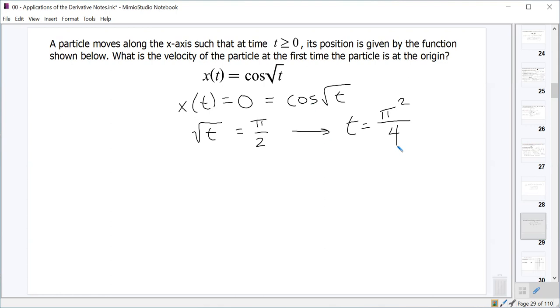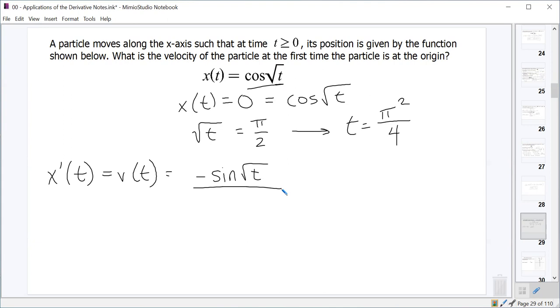Then we'll need to evaluate our velocity function, which is just the derivative of our position function. So we need to find that using the chain rule. This is cosine of u. The derivative of cosine of u is negative sine of u. And we'll multiply that by the derivative of root t, which is just 1 over 2 root t.